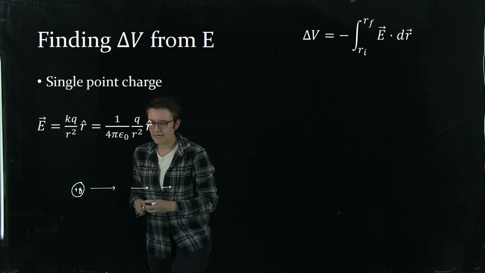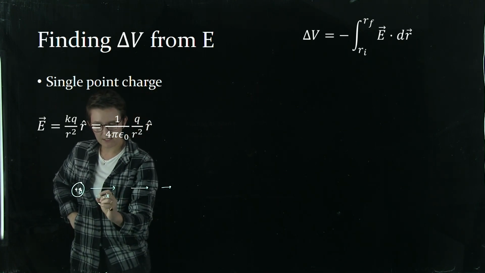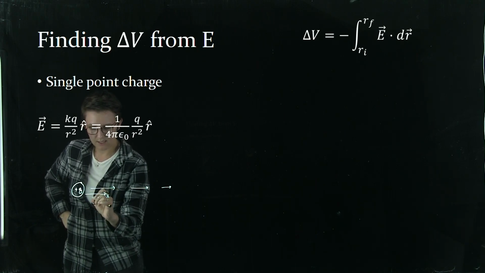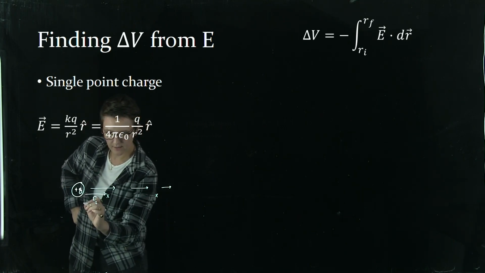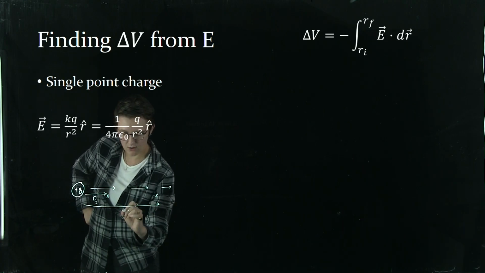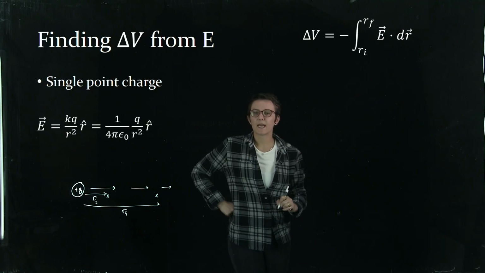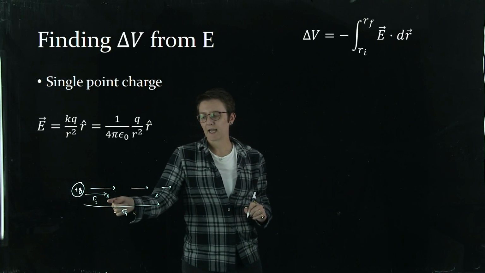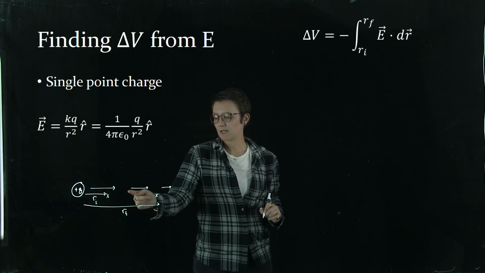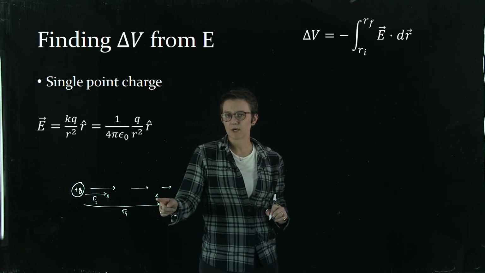And now let's say that I wanted to calculate my electric potential difference from some initial position, I'll call this Ri, to a final position somewhere over here that I will call Rf. So I want to calculate what is my potential difference starting here, and I'm thinking about moving along this electric field vector map to go to this location here.